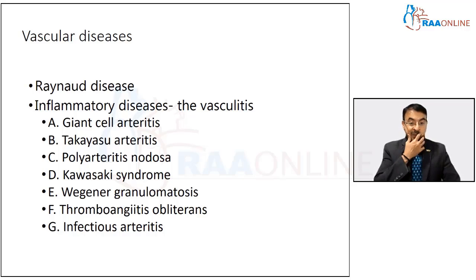As much as this is listed under diseases of arteries, remember that vasculitis can involve both arteries and veins. Sometimes it can even involve inflammation of the lymphatic vessels, which we call lymphangitis. This is also a type of vasculitis.